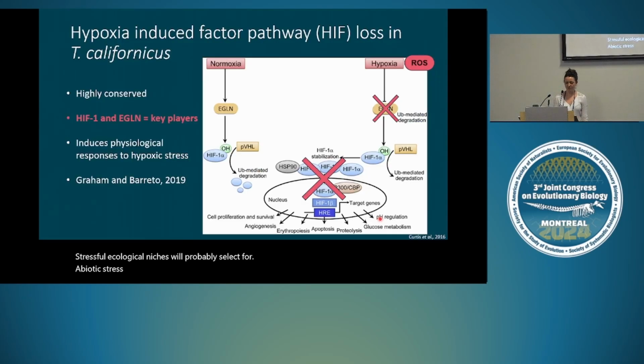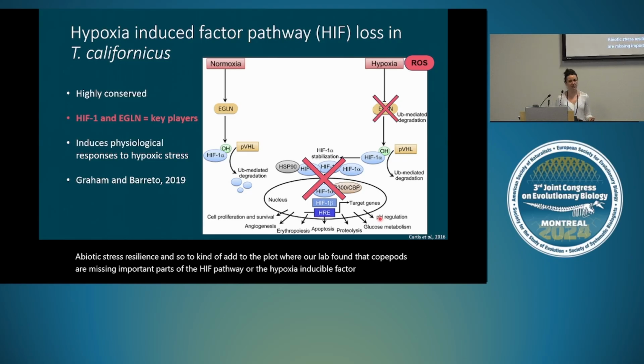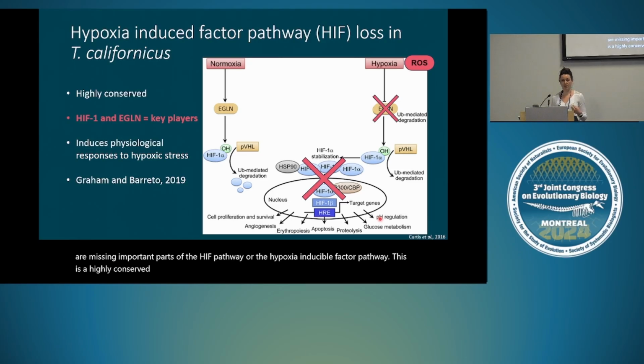And so to kind of add to the pot, our lab found that copepods are missing important parts of the HIF pathway, or the hypoxia-inducible factor pathway. This is highly conserved in metazoans, and it basically is the master regulator and master sensor of oxygen, and also controls a lot of other abiotic stress responses.